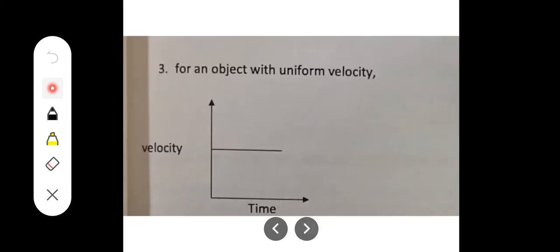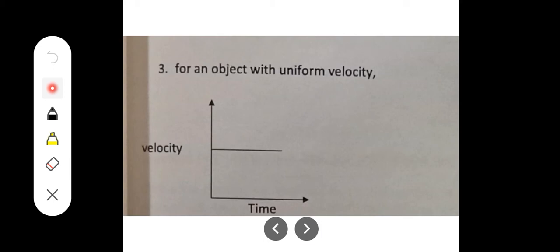Remember this also. Next type, for an object with uniform velocity, it is not uniform acceleration, it is uniform velocity. So the line will be parallel to the x-axis and it is a straight line, as velocity is not changing with time.